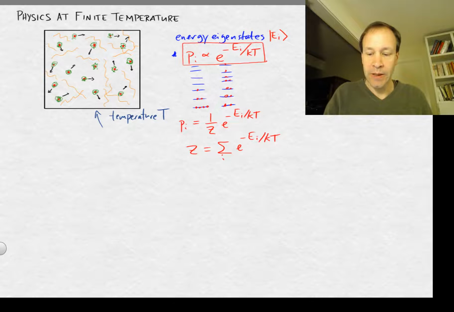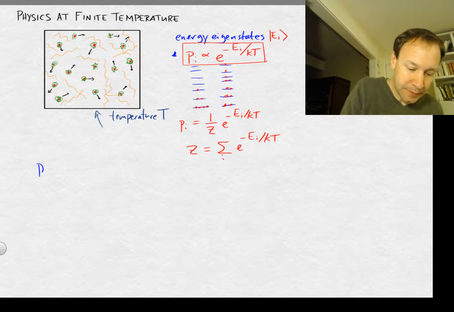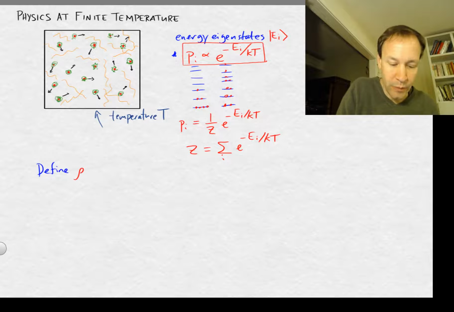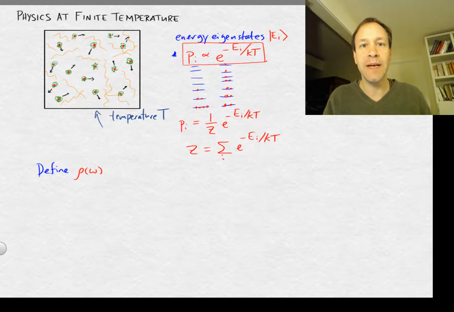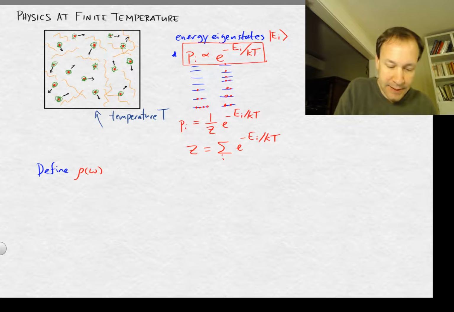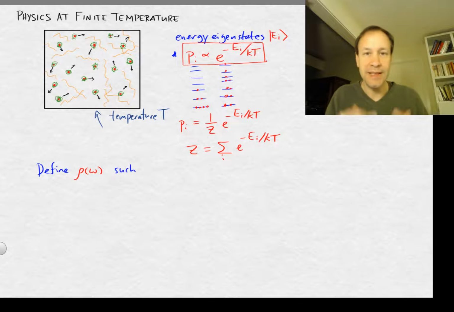The way that we can do that is to define a function, which I'm going to call rho of omega. Rho of omega tells us the density of energy of radiation for certain frequencies.